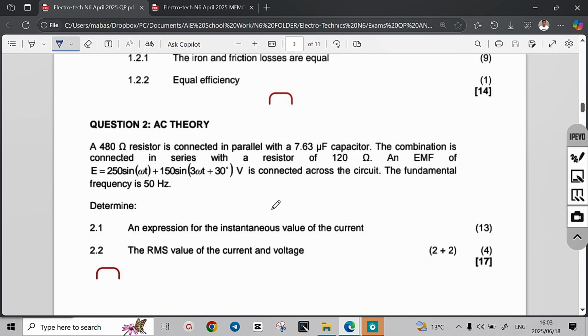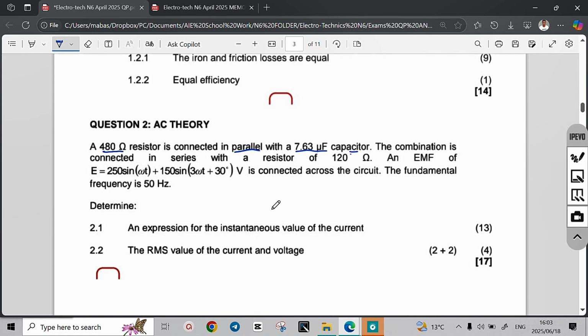So here you are given that a 180 ohms resistor is connected in parallel with a 7.63 microfarad capacitor.